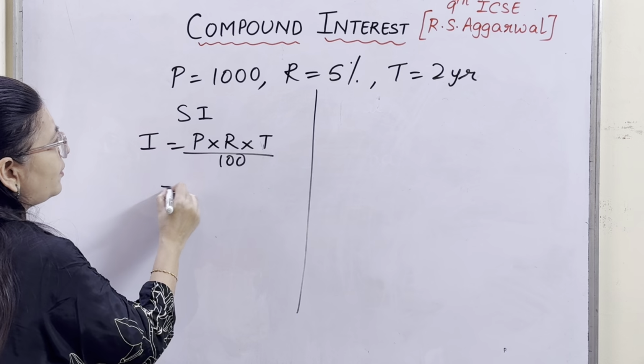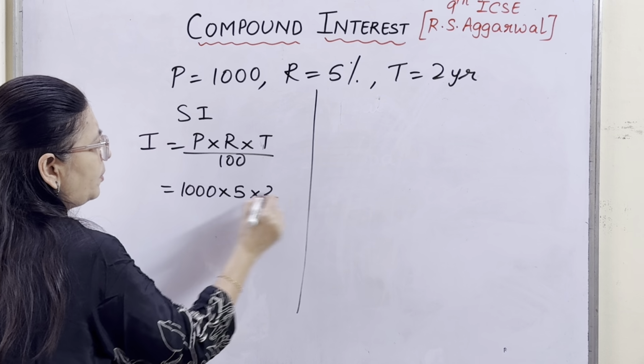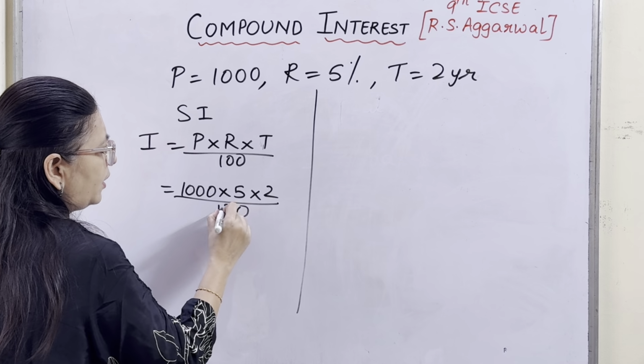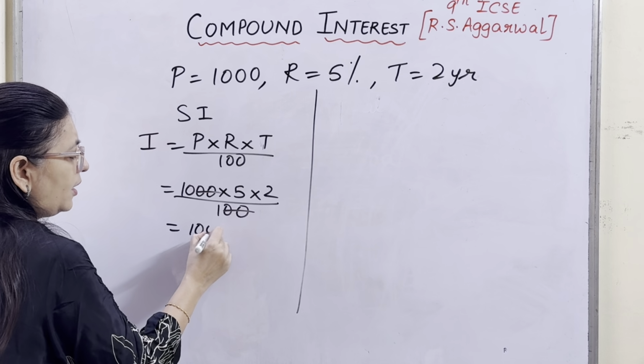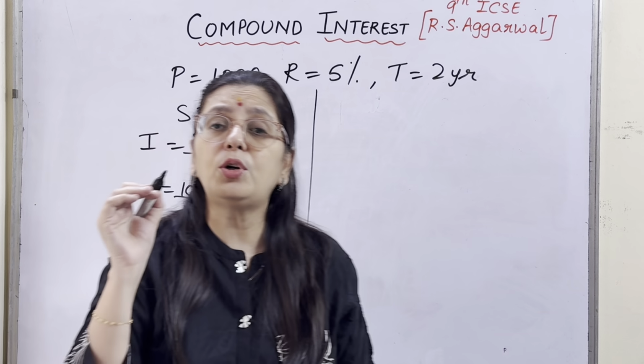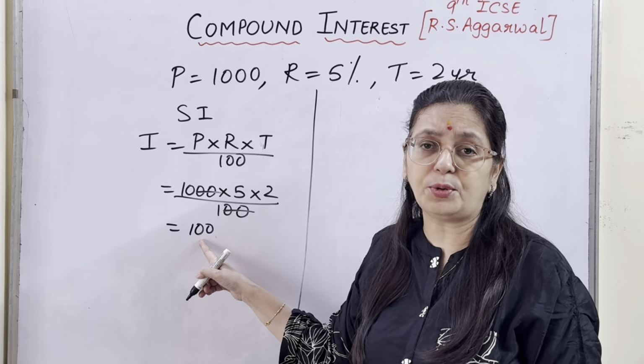So what is the principal? 1000 rupees. Rate is 5%. Time is 2 years over 100. 0, 0 cut. 5 2s are 10. 10 10s are 100. That means after 2 years, I am going to get interest of 100 rupees.